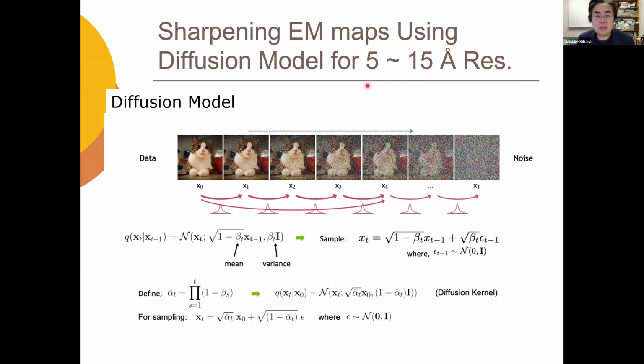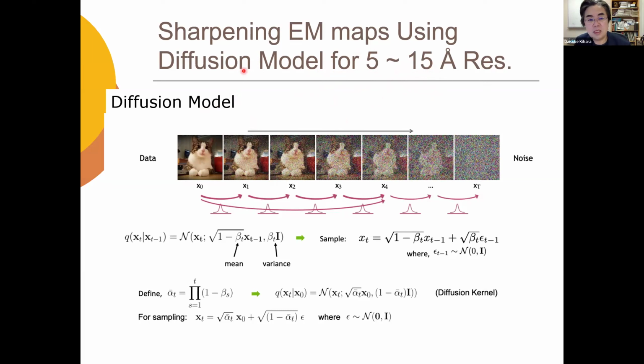But now, using recent deep learning methods called diffusion models, we can do the modeling even for lower resolution maps of up to around 15 angstrom.